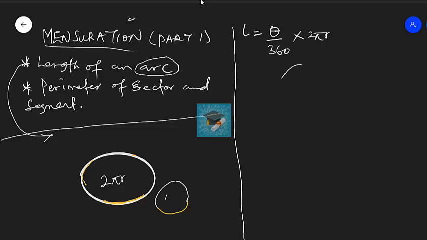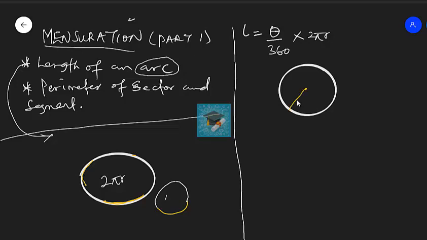You multiply that by the angle subtended at the center of the circle. If you are saying theta over 360, it means that we have something like this. The r is the radius of a circle, and the radius of a circle is the distance from the center of the circle to any part of the circle. This is the radius of this circle. Let's say this is the center of the circle.